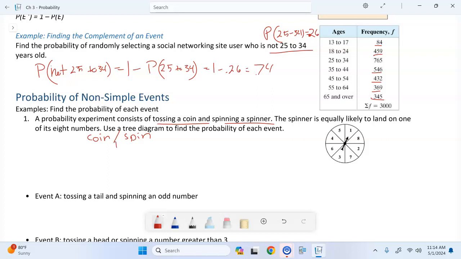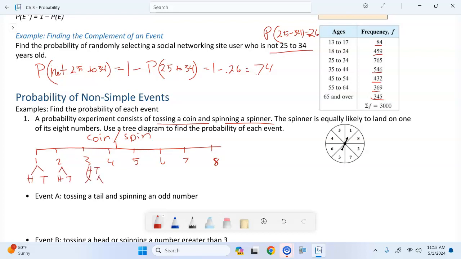So I'm going to start with the different outcomes on the spin. That's just going to make our tree chart a little bit easier to do. My outcomes are 1, 2, 3, 4, 5, 6, 7, and 8. After we spin the spinner and land on a number, we have 2 other possible outcomes, either heads or tails.